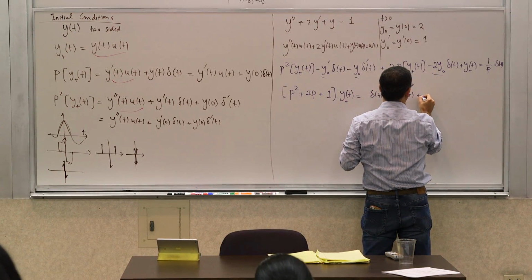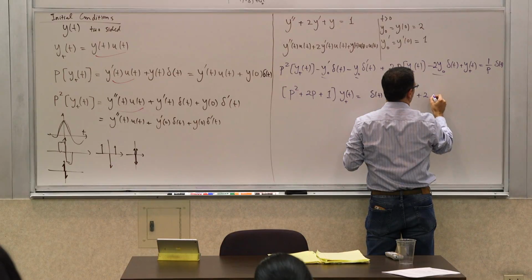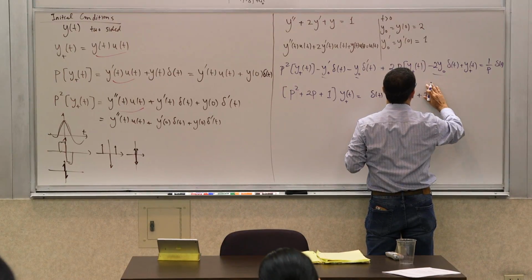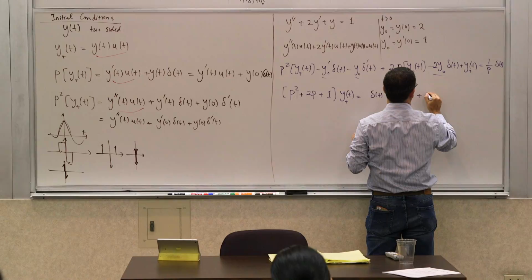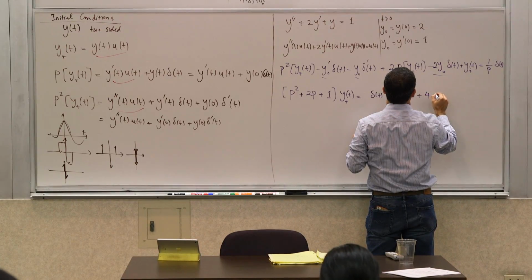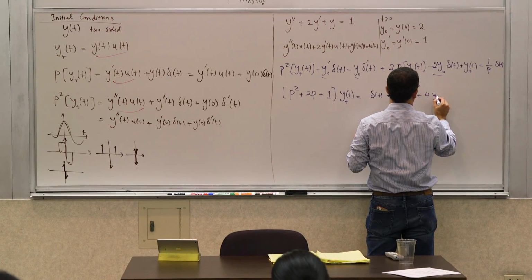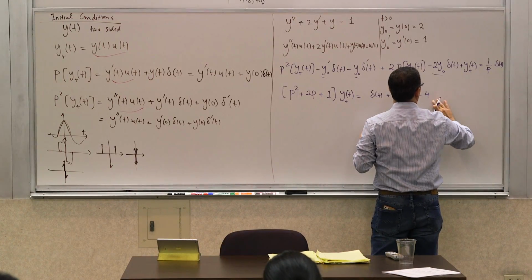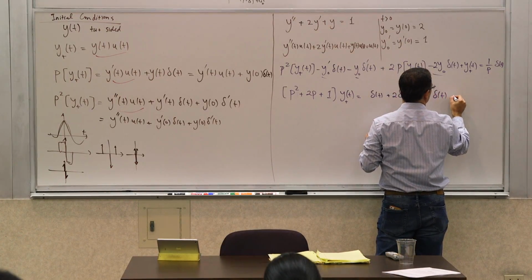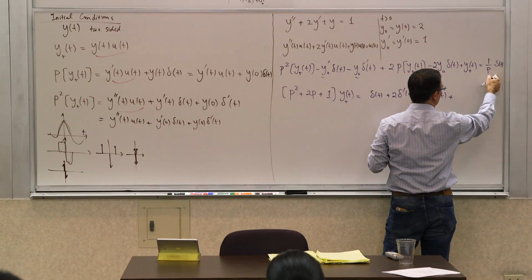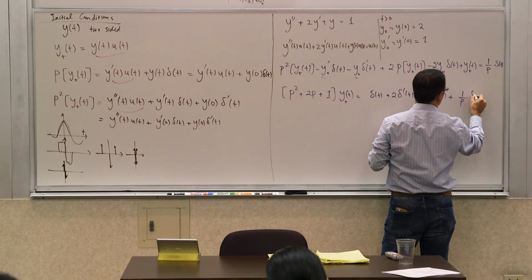And then I get another 2, is it 4? Yeah, so it's 4 delta of t. And then I have that thing that was already there, 1 over p delta of t.